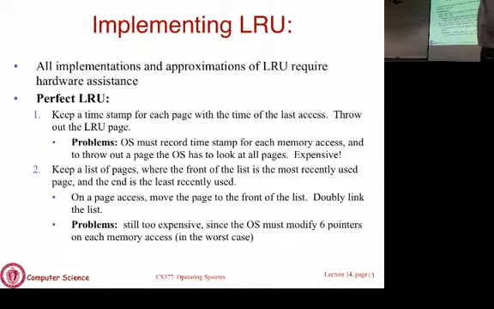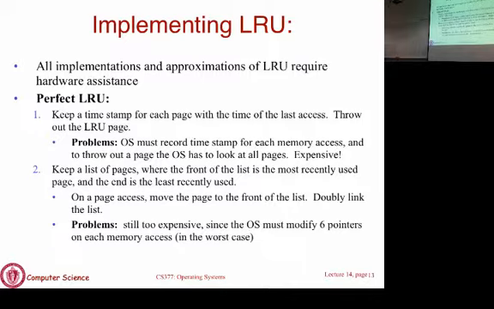Why does it have to be doubly linked? Couldn't it be singly linked? It could be singly linked, but if it is singly linked, then you don't know where the tail is. Either way, you need the tail. So let's say it's this way.